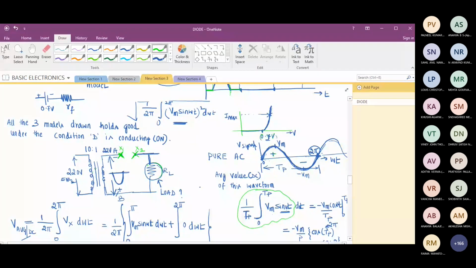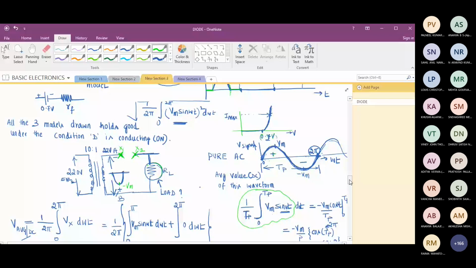If that is the case, what is the maximum value of voltage that is appearing across the diode? Is it minus Vm, the peak value? Am I correct? Yes, sir. So in case of half-wave rectifier, can you tell me what is PIV?